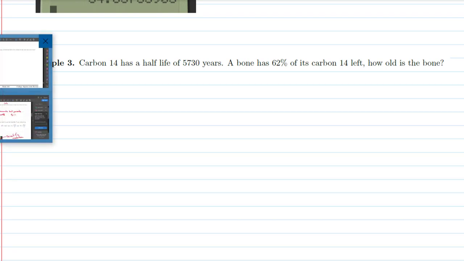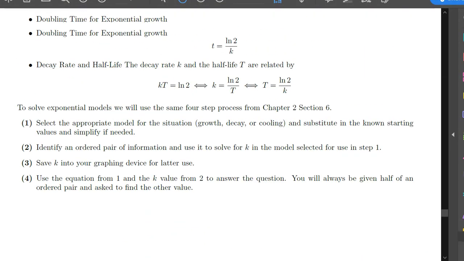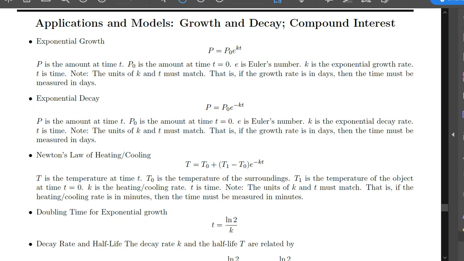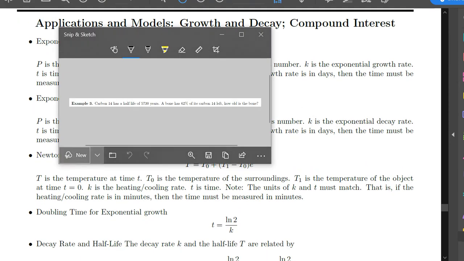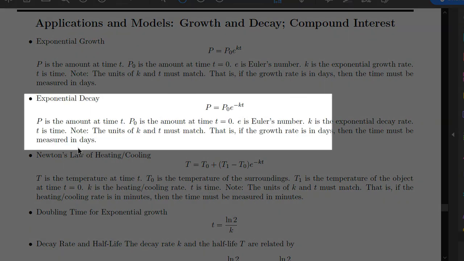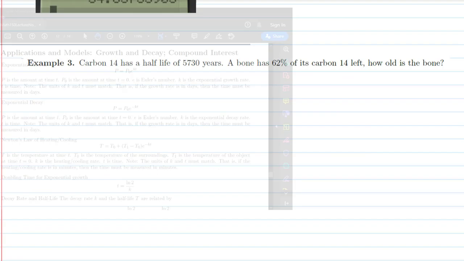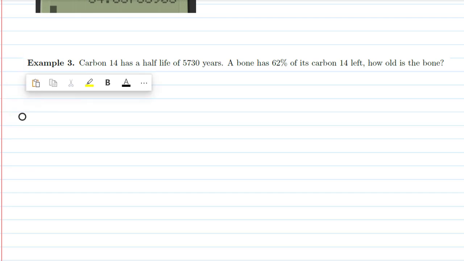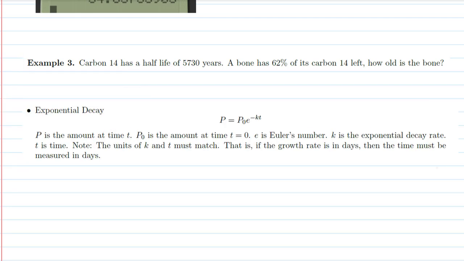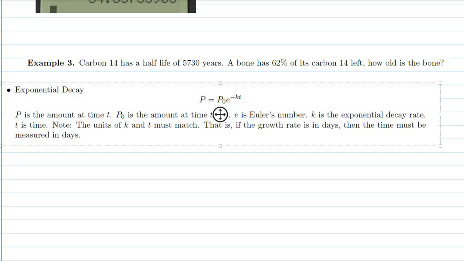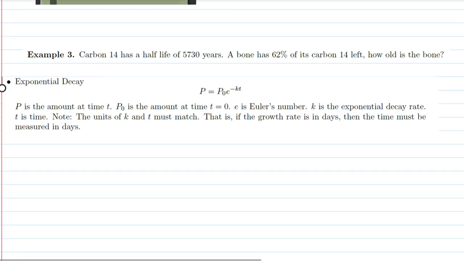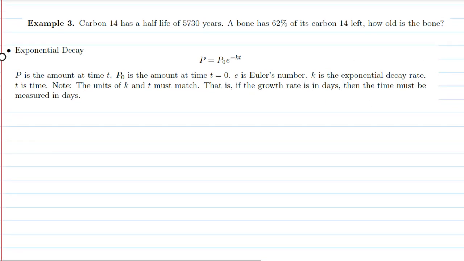This time, instead of exponential growth, we're going to be having exponential decay, because we're not getting more carbon-14, we're getting less carbon-14 as it goes through its radioactive decay. So then we're going to select our model, P equals P naught e to the negative kt.